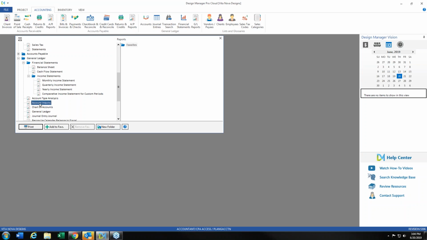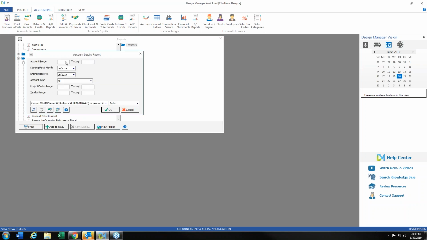You can look right here on account inquiry. You can pick an account and a date range, and it'll show you every single transaction that has hit that account during that custom time.